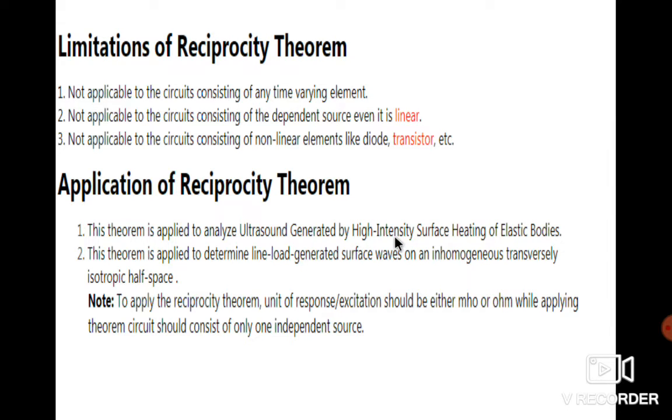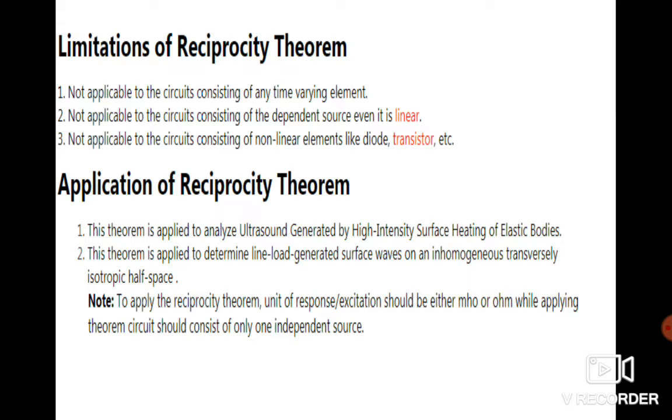This theorem is applied to determine load generated surface in inhomogeneous isotropic half spaces. These are areas in quantum physics and physics where we have used the reciprocity theorem to analyze the behavior of physical systems.